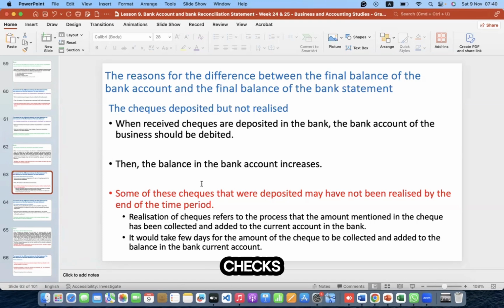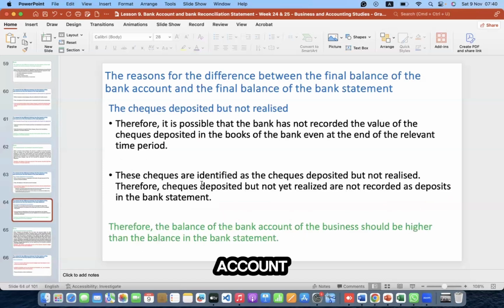Some of these checks that were deposited may have not been realized by the end of the time period. Realization of a check refers to the process that the amount mentioned in the check has been collected and added to the current account in the bank. It would take a few days for the amount of the check to be collected and added to the balance in the bank account.